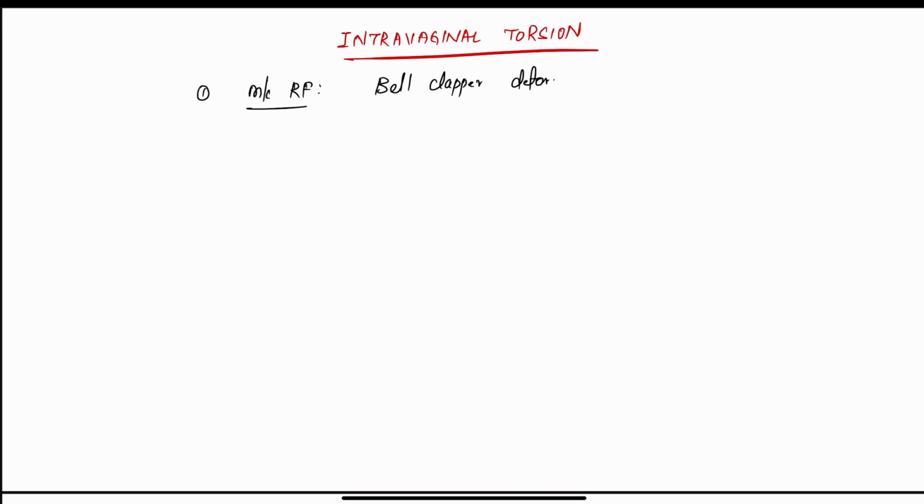What is bell clapper deformity? If you see, this is the cord, and this is the epididymis, and this is the testis, and the blue one around it is the tunica vaginalis.